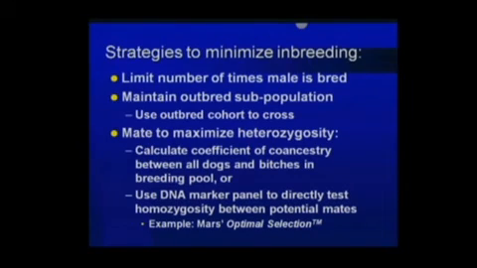Traditional breeding programs like ours tend to do that by limiting the number of times a male is bred to females, the number of females each male breeds with before being retired or culled out of the population. We also have subpopulations of a breeding colony.